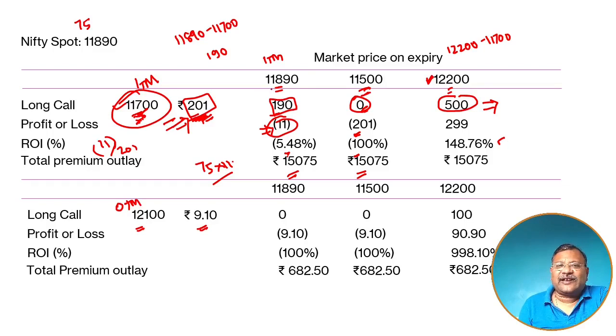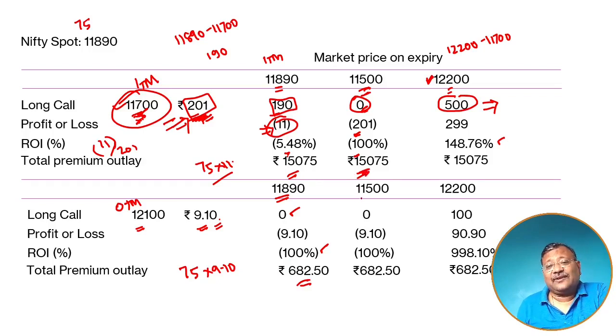If the Nifty on expiry happens to be 11,890, then remember his right to buy at 12,100 will be out of the money, and therefore it will be trading at zero, which means that he has lost the entire premium that he has paid. That is, his loss is 100% negative, and total premium outlay, because we know that it's traded in lots of 75, so 75 into 9.10, he would have lost just 682.5. Whereas if you look here, if he loses 100%, he stands to lose 15,075.